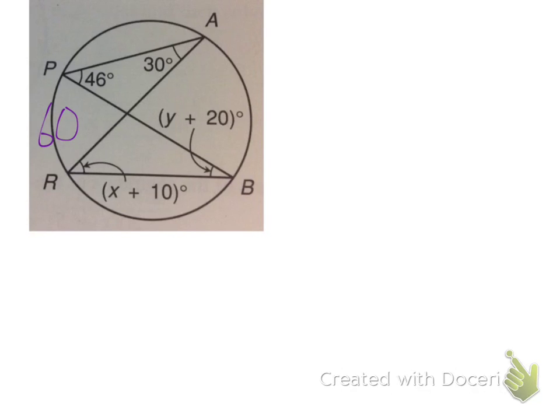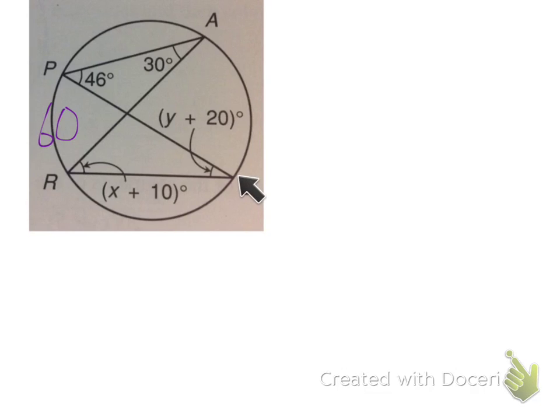Wait a minute. Look at this. Arc PR is also 60, and you can trace the lines back to B. So that means B is also an inscribed angle to 60, which means angle B is worth how much? 30.